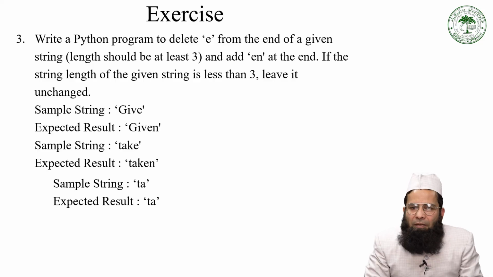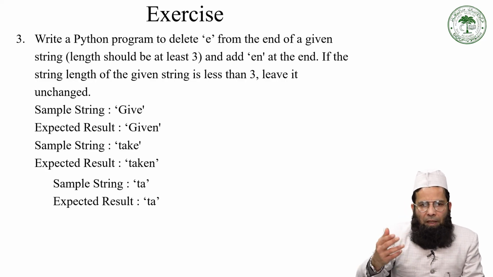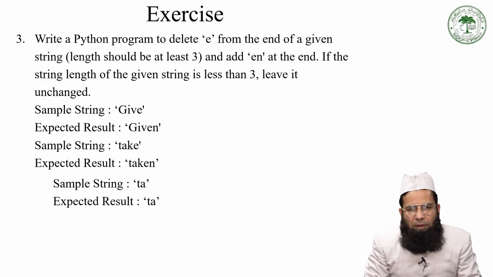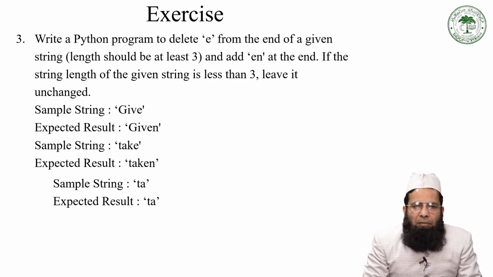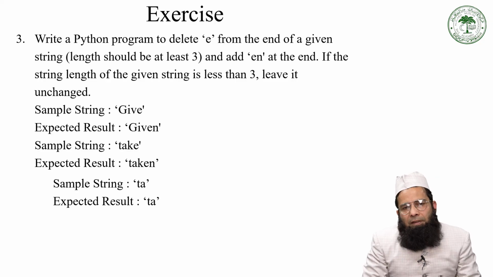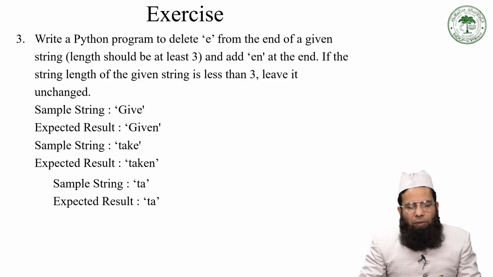If the length of the given string is less than 3, leave it unchanged. I have given some sample strings as well. So you need to solve these two questions. I have included 3 questions in this lecture. The first I have solved here in the classroom, and the next 2 you need to solve at your home.